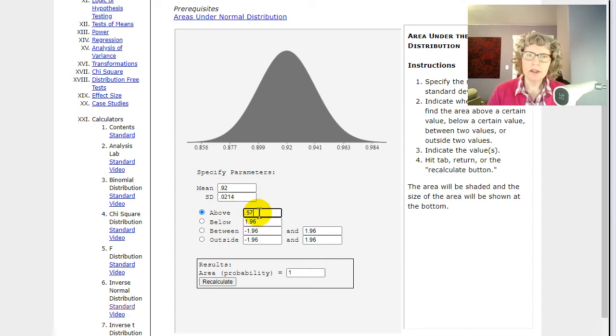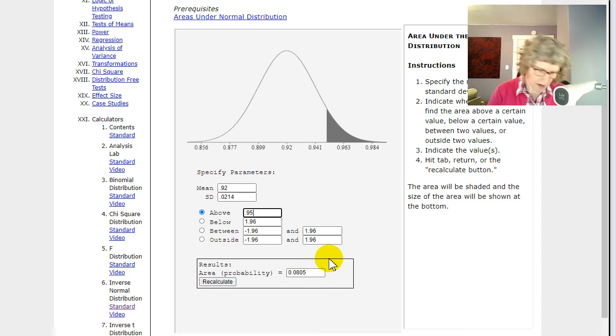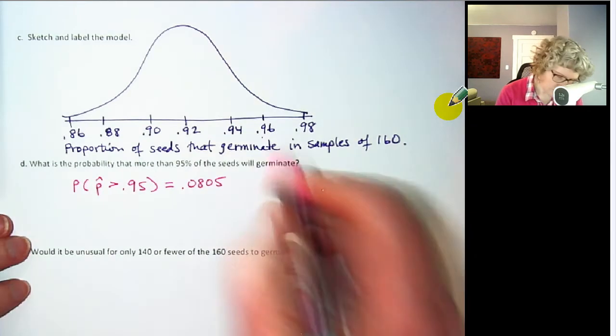And we are looking above again. They won't always be above, but these examples seem to be above. Above 95% is 0.0805. Okay, and we could write this out in a sentence.